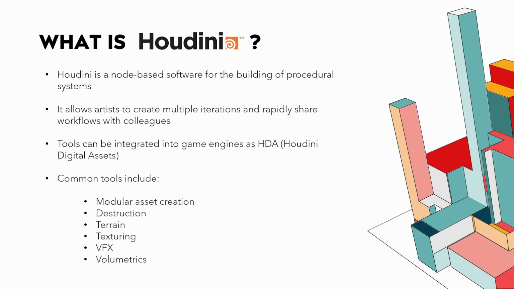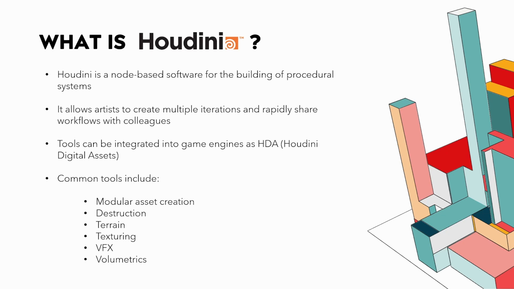Houdini has been used in multiple AAA titles, and it's now also filtering down to smaller studios, which we'll get into in a bit. But the most common tools that have been created with Houdini and will continue to be created with it include modular asset creation, such as buildings, rooms, structures, even entire cities.